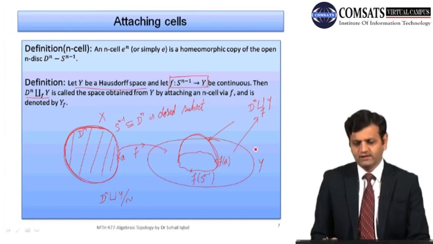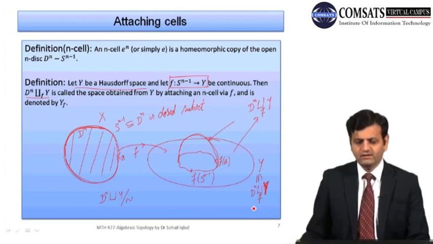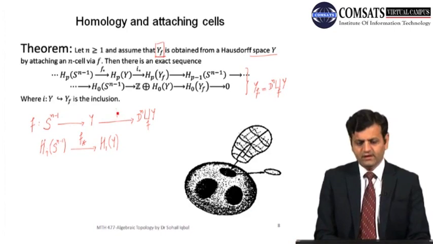In other words, Y lives inside the space obtained by attaching this N cell with Y under the map f. So Y is included inside this space. We have an inclusion, and it's a continuous map, so it induces the following maps between the homological groups.